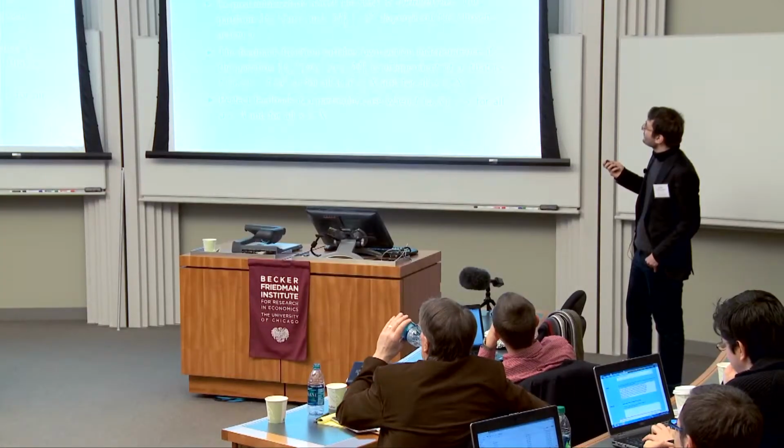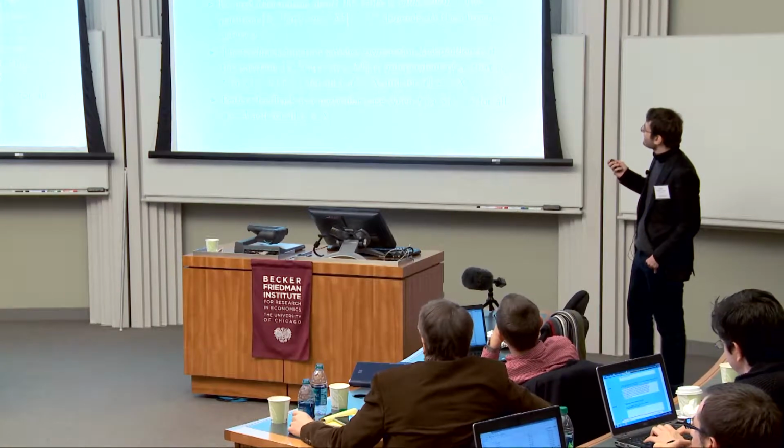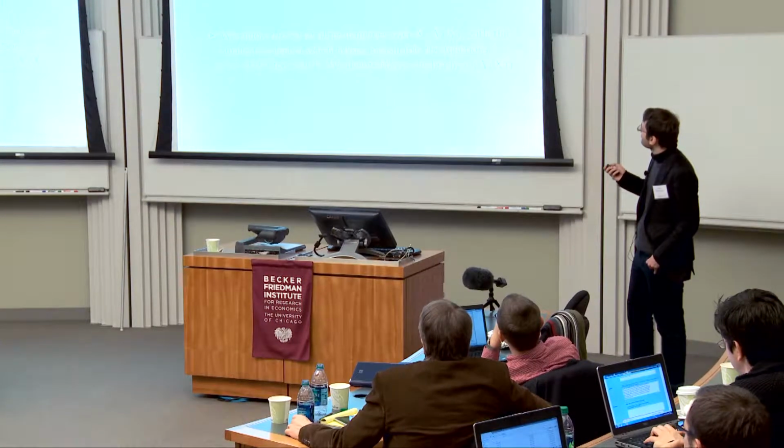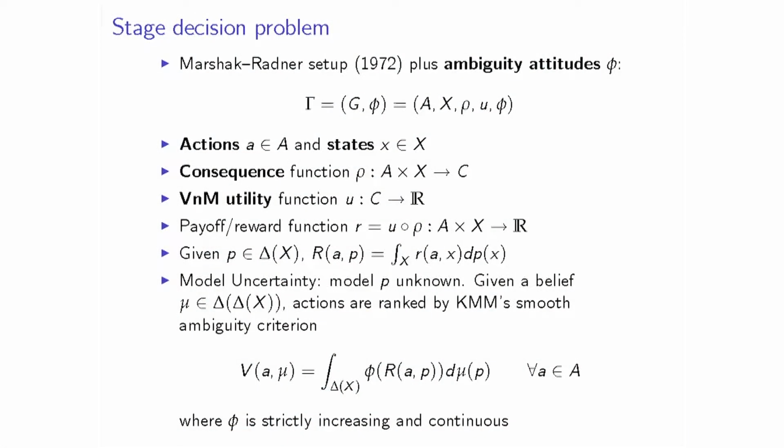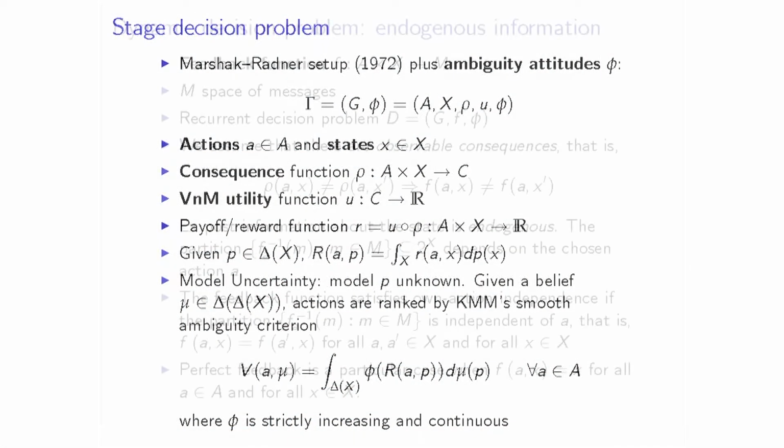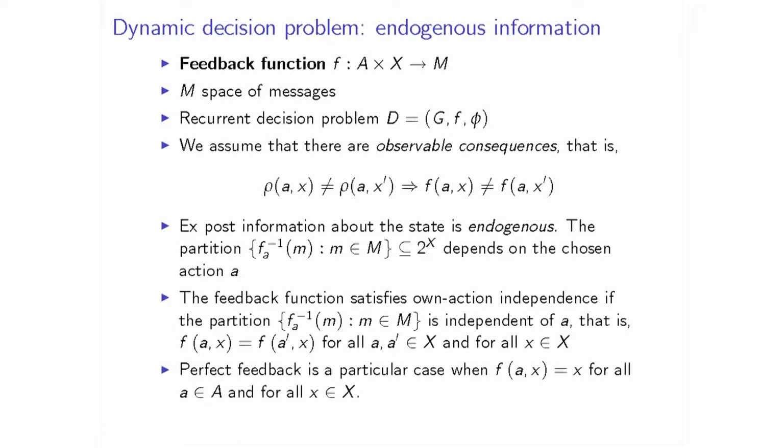So as I mentioned, the recurrent decision problem is described by the same elements of the static decision problem plus the feedback function. We assume that the feedback function relates to the elements of the stage decision problem. The only assumption that relates it is that this condition with rho is satisfied.